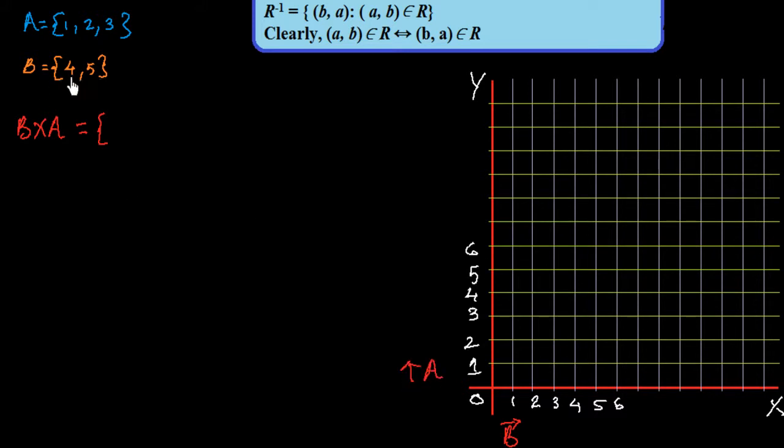We have b, 4 and 5, so we have to draw a line passing through 4 and another line passing through 5, which are parallel to the y-axis. So I draw this line here, the line passing through 4, that is x equal to 4.